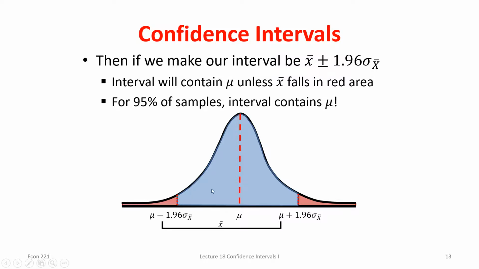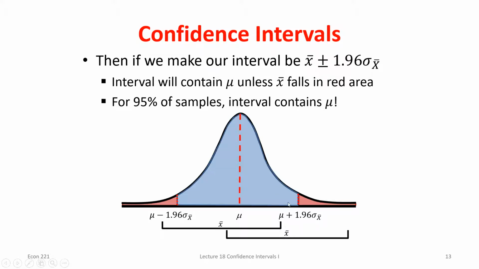Let's say I take a sample, I calculate the sample mean. If I were to then add and subtract from that sample mean 1.96 standard deviations, what's always going to be true is that for this sample mean here, that confidence interval includes the true population mean.